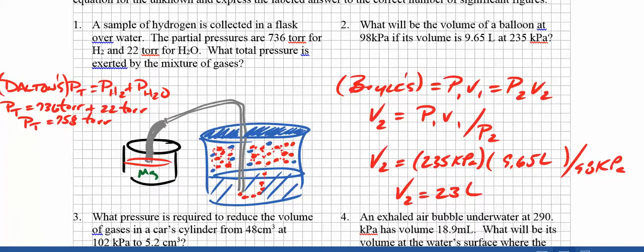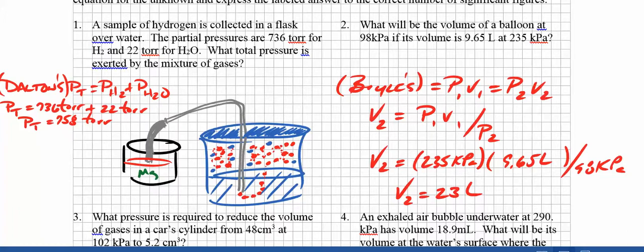Because this is a closed container on the right hand side, eventually it is going to be filled with hydrogen, and the little red dots that you see are the hydrogen gas particles in the container above the water. But another pressure that we must consider is the vapor pressure of the water itself. If we're bubbling the hydrogen gas through the water, water vapor will be produced by the water.